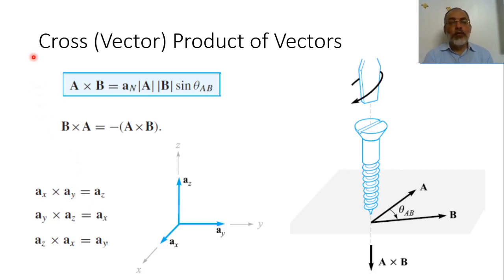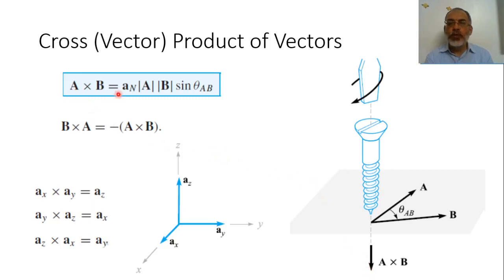The other type of vector product is the cross product, or the vector product. In the vector product, if we are saying A cross B, it would be a vector quantity, its direction in the n direction, which is normal to both A and B. So assuming that we have the vector A and the vector B, the normal to the plane containing the two vectors A and B is a vector n.